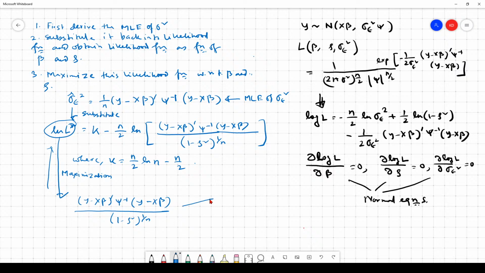For maximizing this function, we use optimization techniques of nonlinear regression.